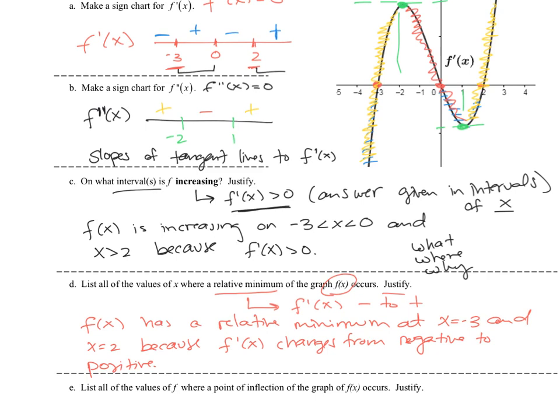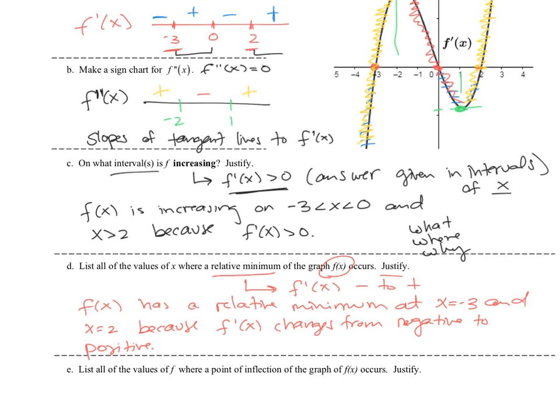So it's totally up to you which way you want to approach this. If I look at my graph, I can see that f prime of x has relative extrema at -2 and 1. If I look at my sign charts, I can see that f double prime of x is equal to 0 and changes signs at -2 and 1.